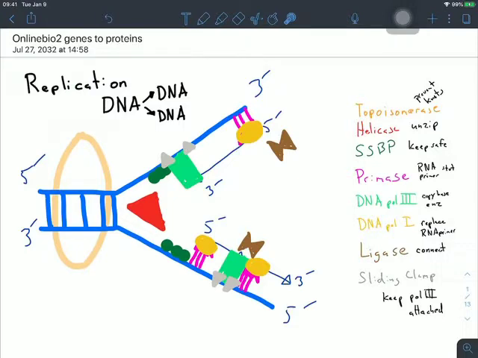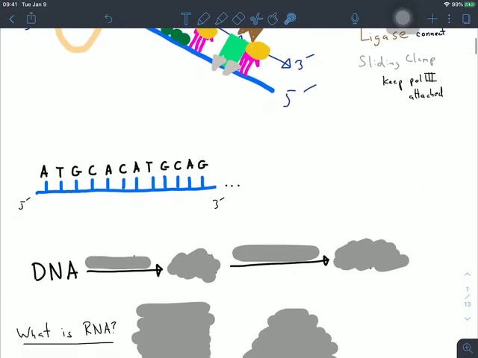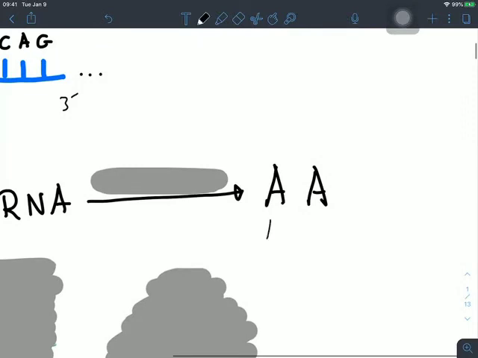To extend our understanding of the central dogma of biology, we need to move on from this replication of DNA to more DNA, and instead explore the processes that take us from DNA to RNA, and from RNA to amino acids.